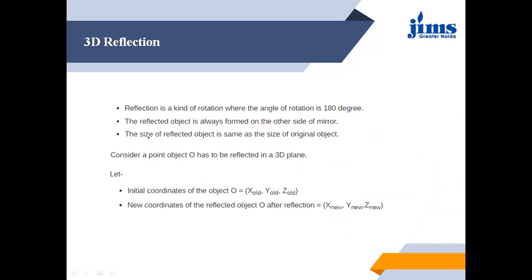The size of the reflected object is the same as the original size. This is a special case of rotation where the angle is 180 degrees. The image distance is equal to the object distance from the plane, and the size of the image is also equal to the size of the object.